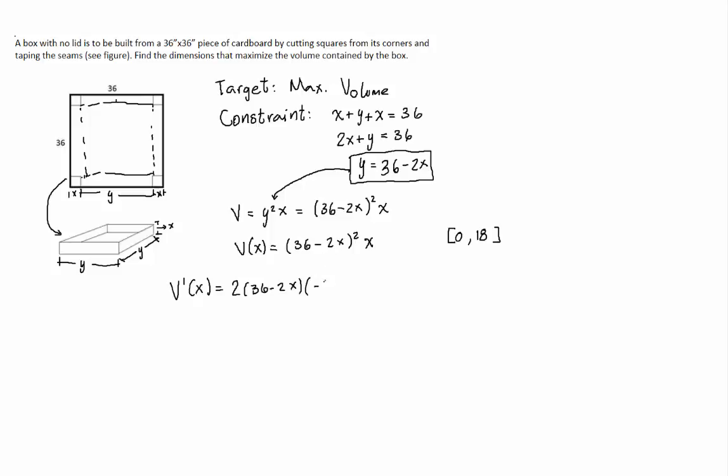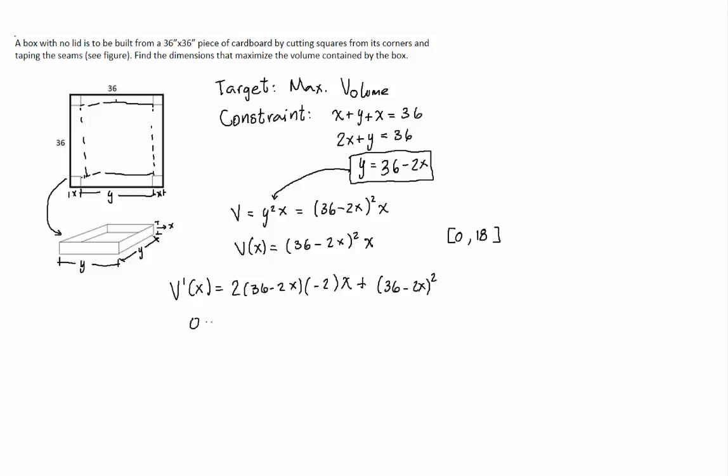The derivative of the inside in this case is negative 2. So this whole thing is the derivative of the first. You still have to multiply times the second. So derivative of the first right here times the second, plus copy the first, 36 minus 2x squared, times the derivative of the second, which is 1. So that's it.